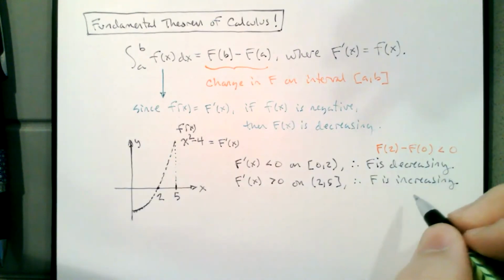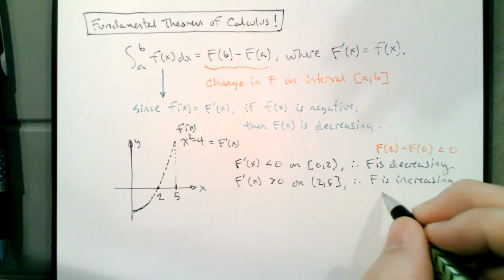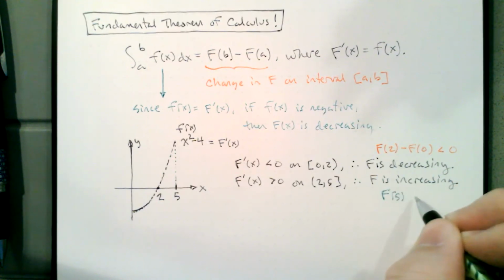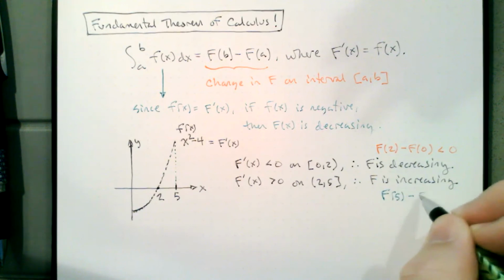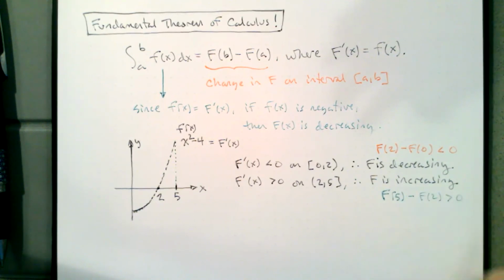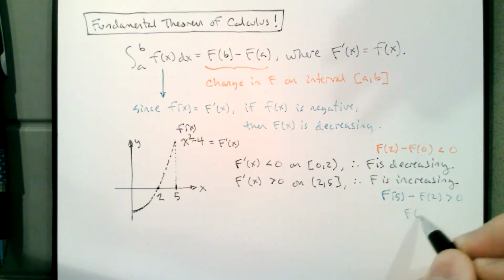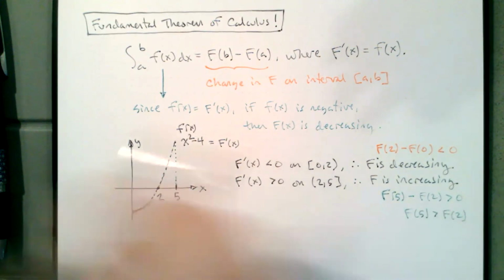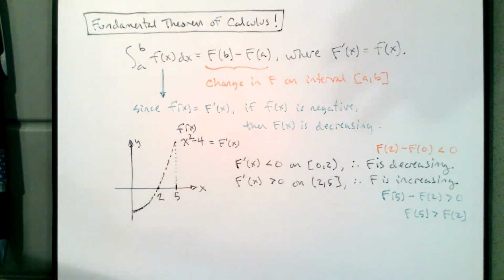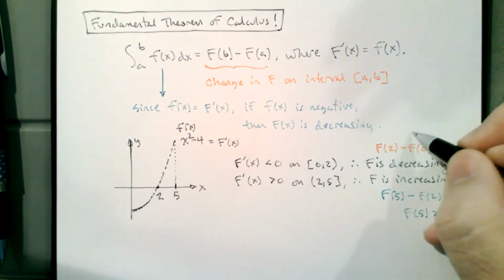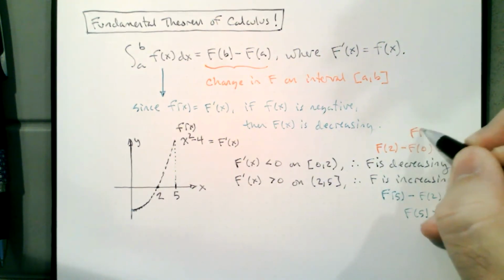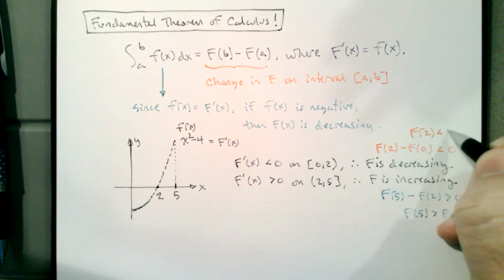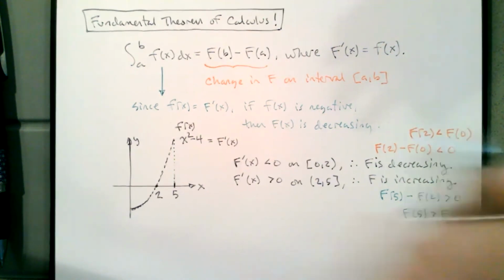And since F is increasing on the interval from 2 to 5, capital F at 5 minus capital F at 2 will be positive, because that means capital F at 5 is greater than capital F at 2. And if capital F at 2 minus capital F at 0 is less than 0, that means capital F at 2 is less than capital F at 0.